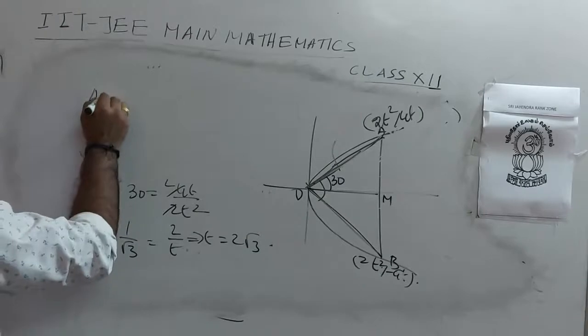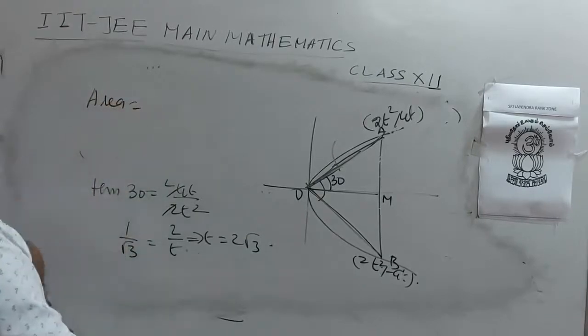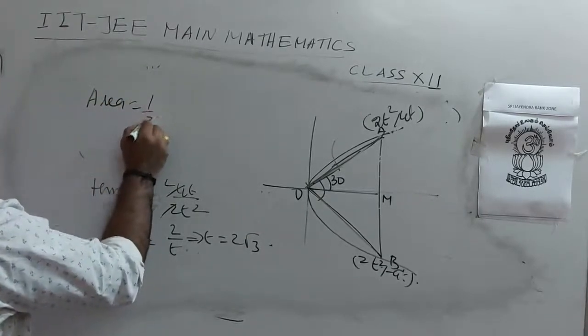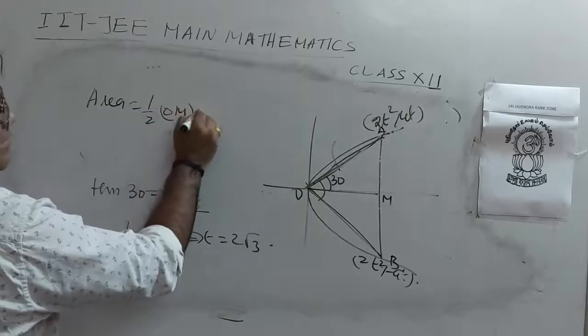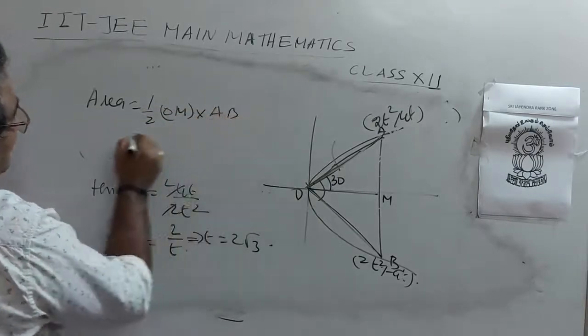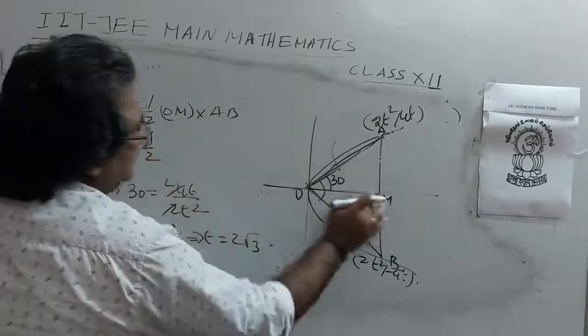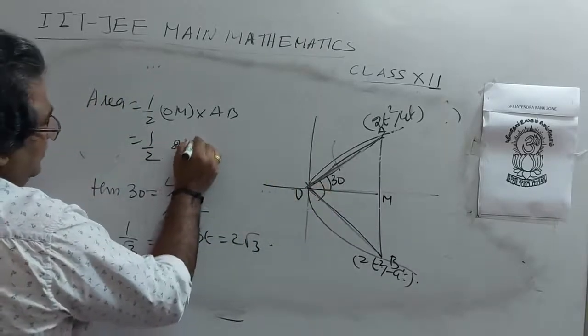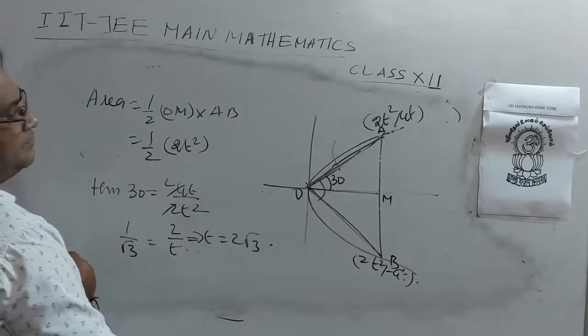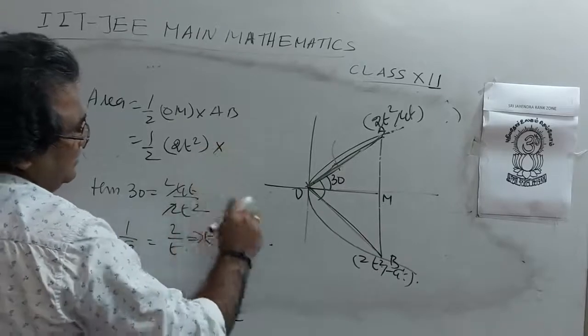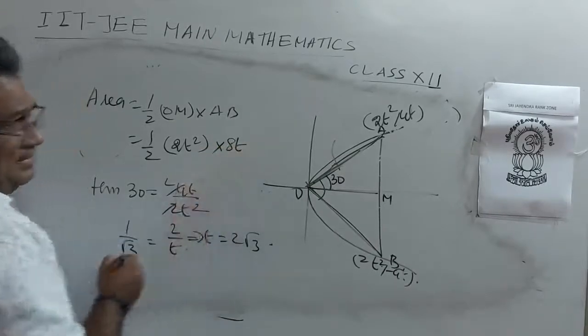Therefore area is half into OM into AB. Half into this is 2t². This is 8t.